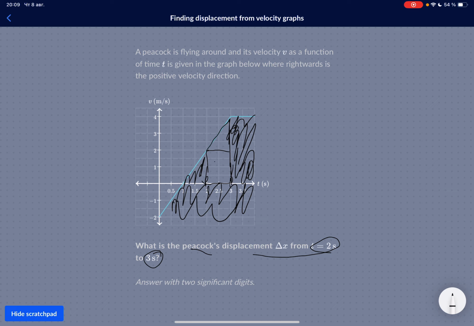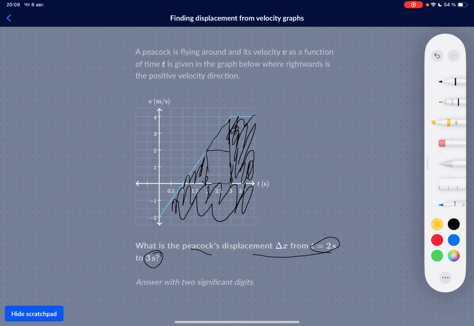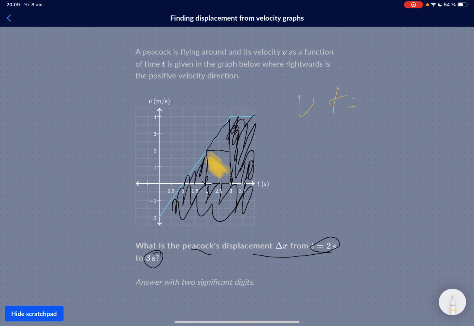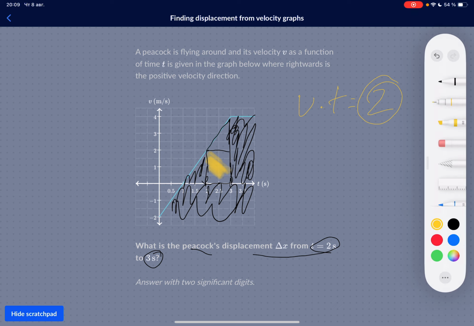First we can find the triangle with velocities. It would be velocity over time multiplied by time, and 1 multiplied by 2, that would be 2, right? And the other one would be this. Look, we can change the shape and we can find it from right there.